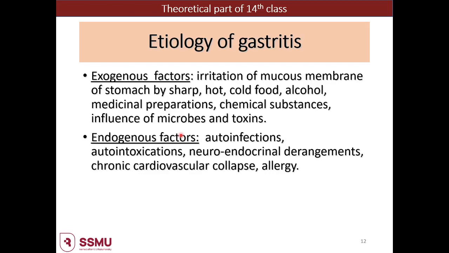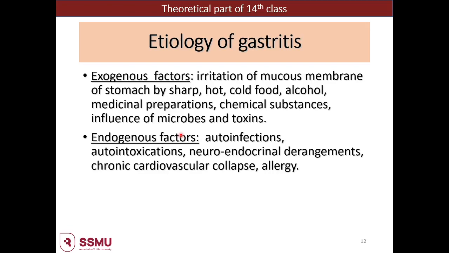It may be very cold, very hot, or exogenous factors of damage also may be really dangerous chemical factors like alcohol, medical drugs, chemical substances, the influence of microbes and toxins in the stomach, and it's really common.